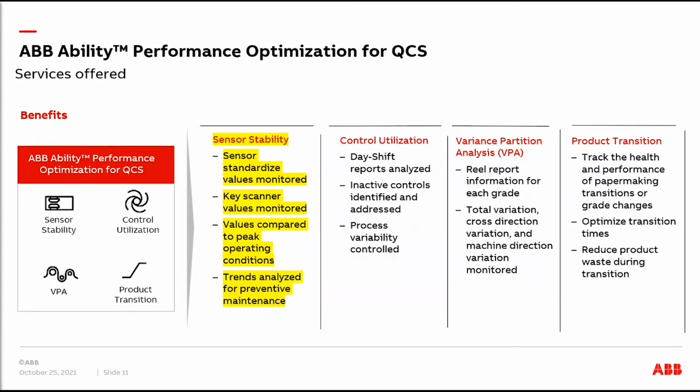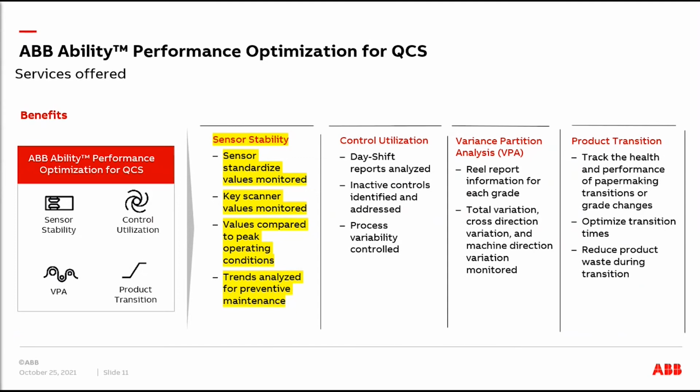So QCS sensor channels also monitor scanner parameters at each standardize. It can be voltage, top pressure, bottom pressure, heated temperatures, etc. Sensor standardized values are monitored and then analyzed against the peak operating conditions.